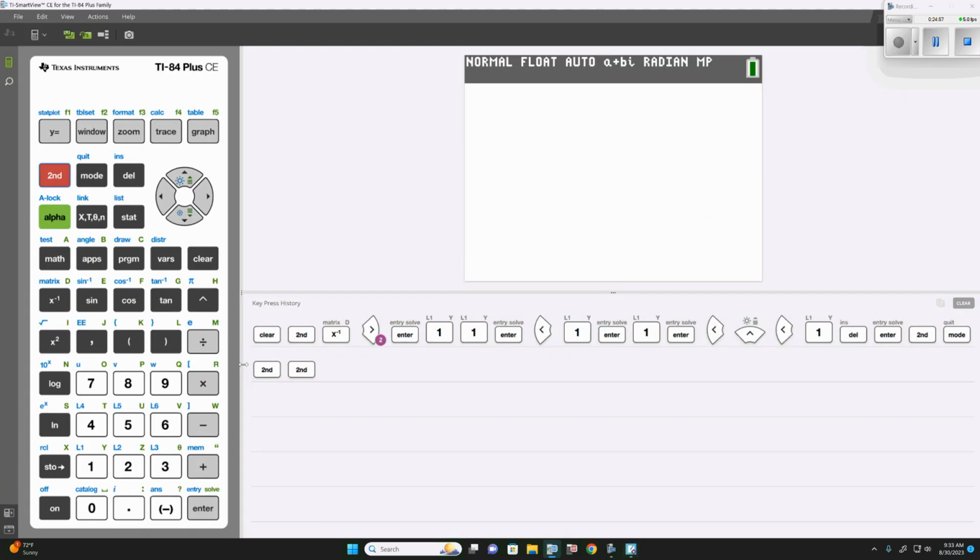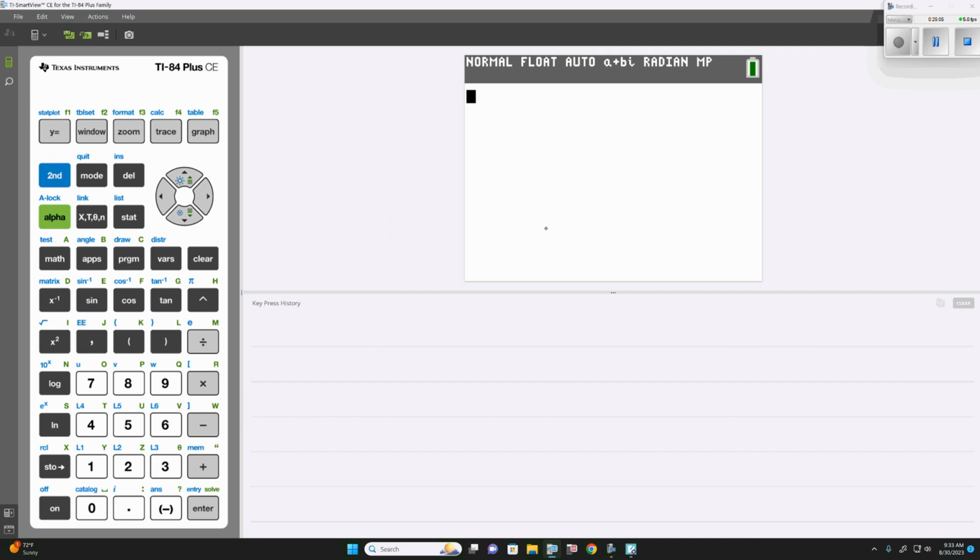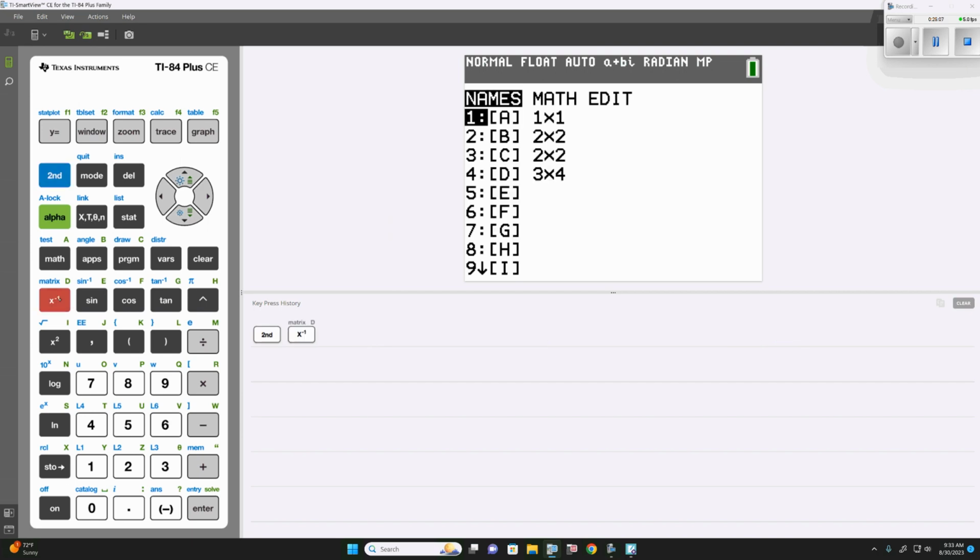First thing we're going to do, I'm going to clear all this out underneath. We're going to do second matrix. And I do have key press history down at the bottom. X to the negative 1. We have this screen, yes?